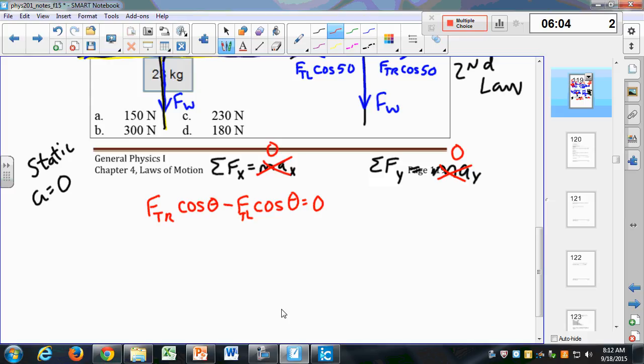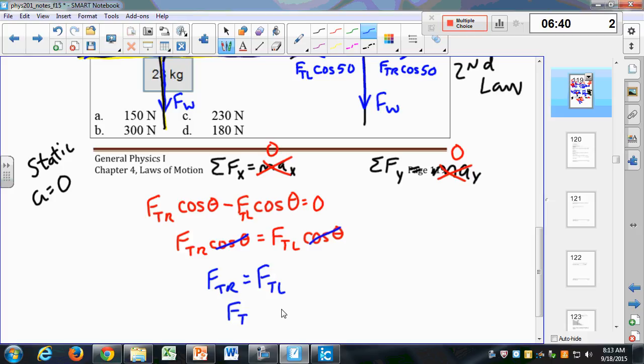Which one's bigger, FTR or FTL? They're going to be equal, right? Because if I write them, FTR cosine theta equals FTL cosine theta. Notice that my cosine thetas cancel, just telling me that FTR is equal to FTL. So from here on out, I'm just going to call these FT because the right and the left are identical. This problem's made really easy because the angles theta are the same, that they're both at 50 degrees.